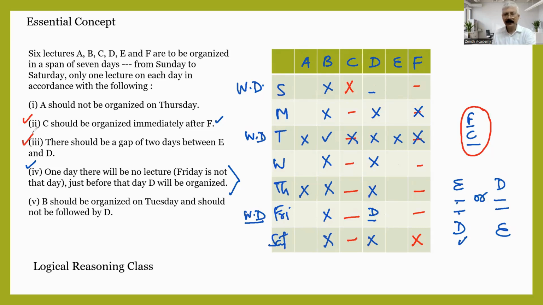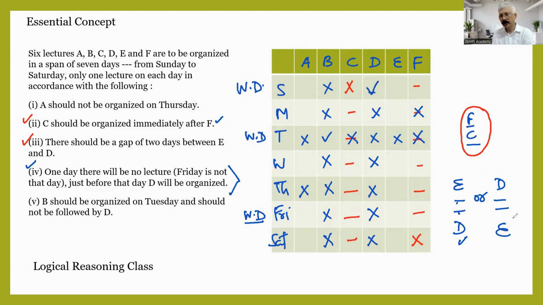So cancel it. And now only a single cell is left in this column. Means lecture D is on a Sunday.